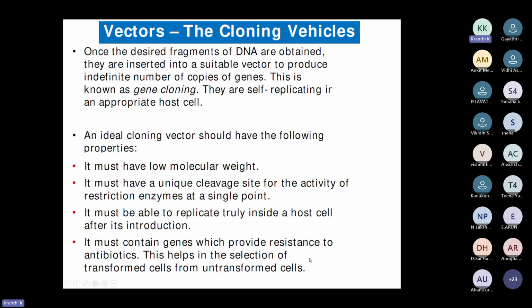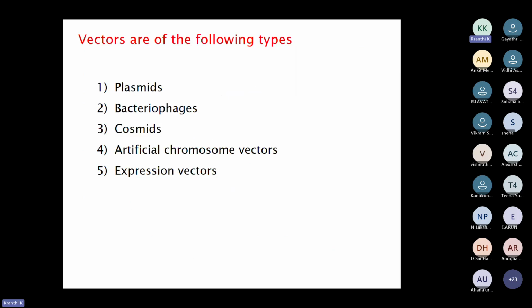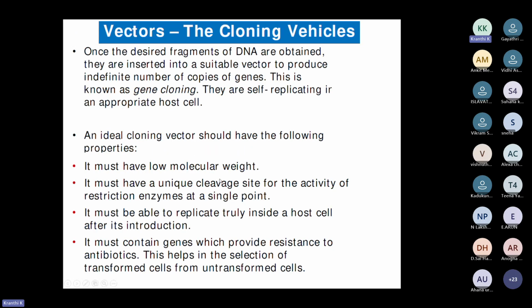Okay, so it should be resistant to the antibiotics also, because we use different types of antibiotics to prevent any microbial contamination. Anyway, when you usually work in the laboratories, based on experience, you will get a lot of things. But for examination purpose, if you just mention one or two, that's enough.